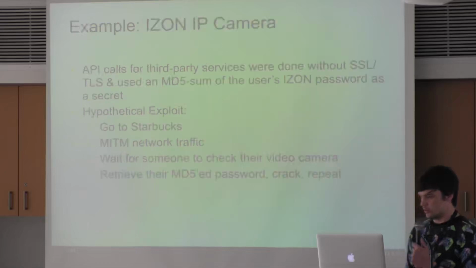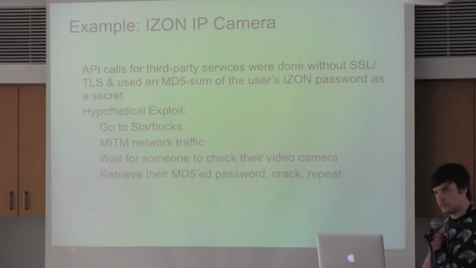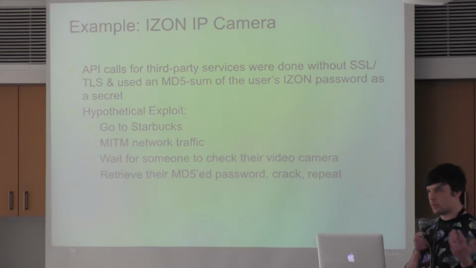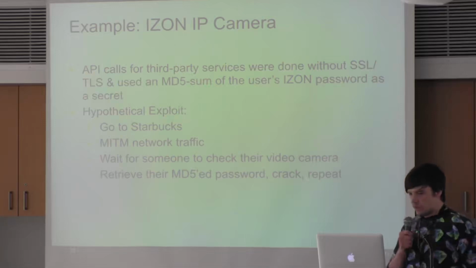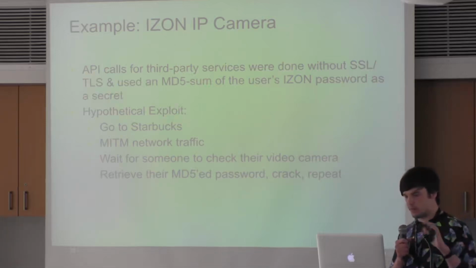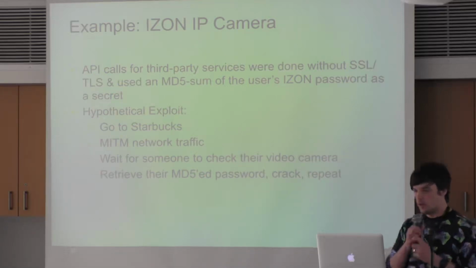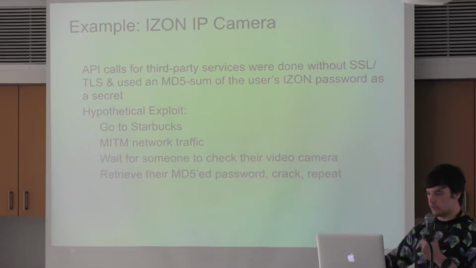This is a slightly convoluted example, but the IZON, is anyone familiar with IZON IP cameras? Like Dropcam or Piper, one of those IP-enabled cameras, and the IoT. Calls between the device, the app, etc., to any third-party API in use were all done without SSL or TLS.